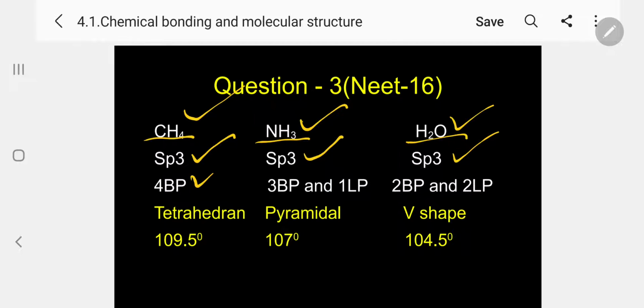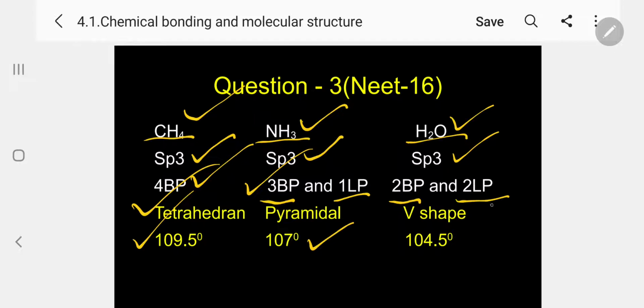Methane has 4 bond pairs and no lone pair, so it is a regular tetrahedron with bond angle 109.5. Ammonia has 3 bond pairs and 1 lone pair, which you can calculate with the formula I have already given. So the shape is pyramidal, bond angle 107. Water is V shape, with 2 bond pairs and 2 lone pairs, bond angle 104.5.